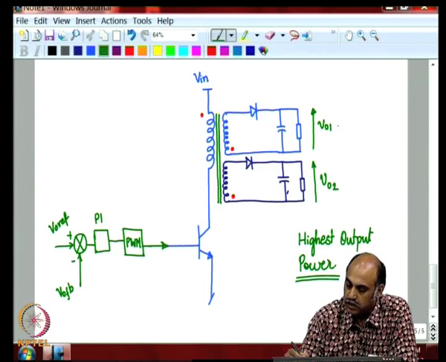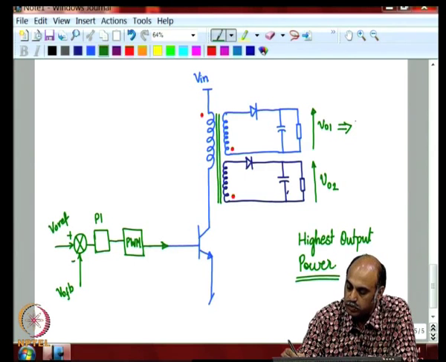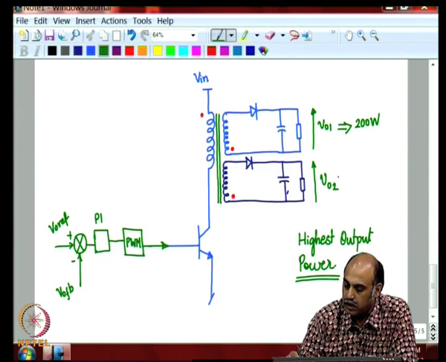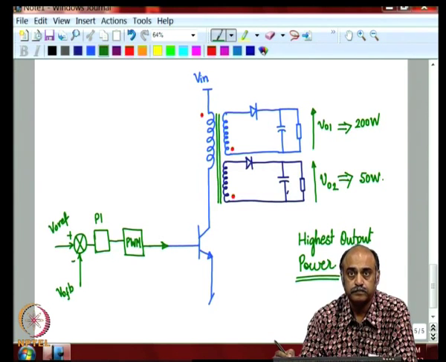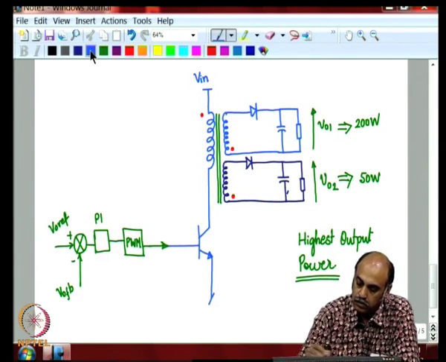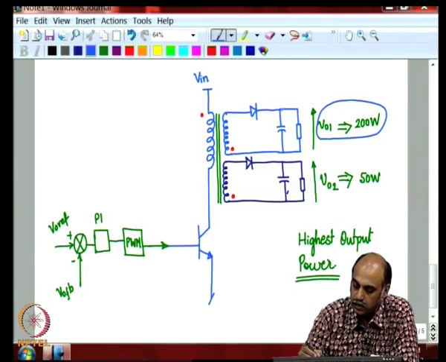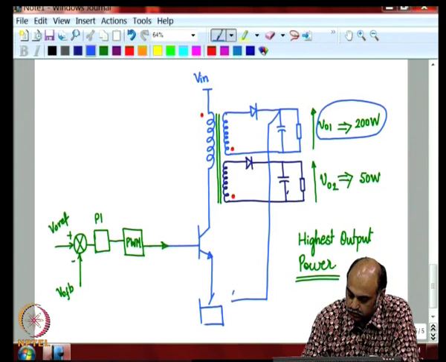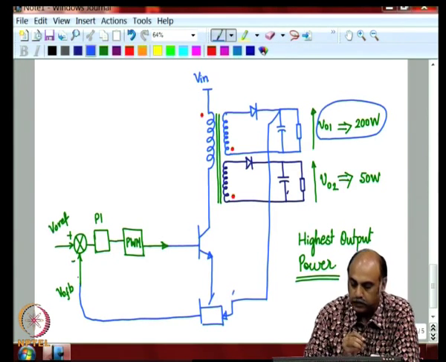So, if you say that V naught 1 is going to feed a maximum output power of 200 watts and V naught 2 is going to feed 50 watts max, then this is the output that will be fed back, and take that, pass it through the opto circuit, and feed that back.